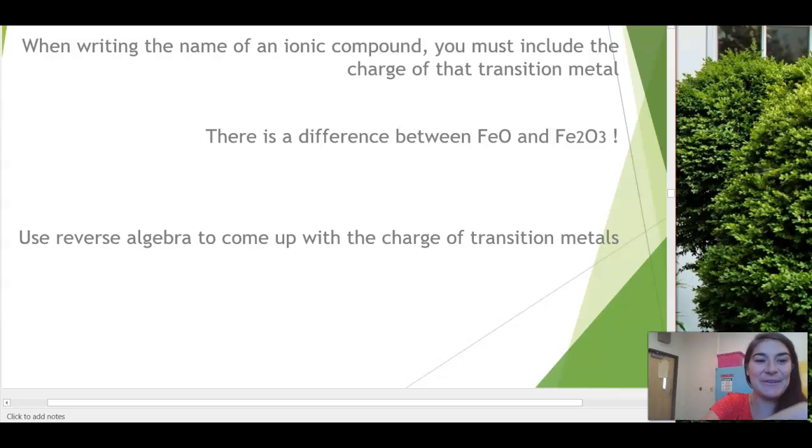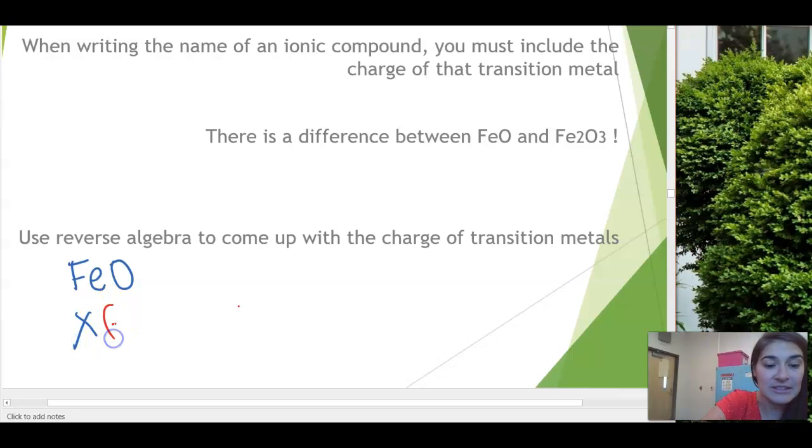All right, so when we talk about iron oxide, they're both iron oxide. FeO. We don't know the charge of the iron, so I'm going to call it X. Oxygen, we do know the charge of. Oxygen is -2. Remember that for these things, the total positive has to be the same as the total negative.